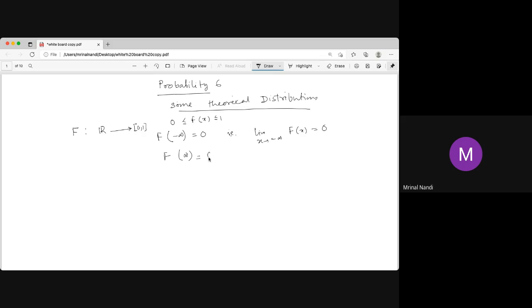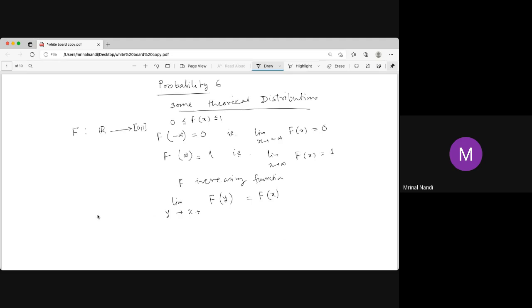And the limit as x extends to infinity of F(x) is 1, and F is an increasing function. And the most important part is the limit as y tends to x plus, the right-hand limit, F(y) is F(x), so it's called right continuous.